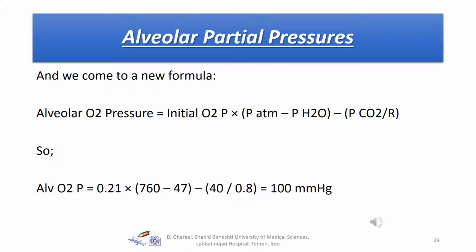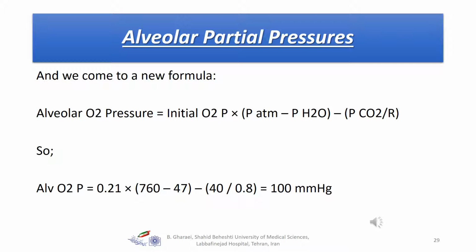So in our body, we can modify the formula on slide number 21, and we come to a new formula. In this new formula, you can see that alveolar partial pressure of oxygen is equal to initial partial pressure of oxygen multiplied by atmospheric pressure minus partial pressure of water moisture, and the total result minus partial pressure of carbon dioxide over the R ratio, which is usually 0.8.